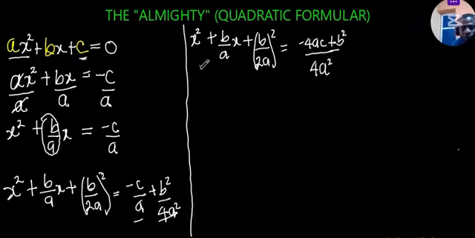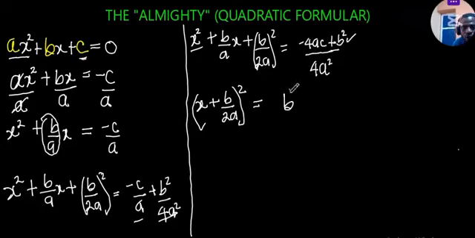Now, before then, let's factorize the left hand side. To factorize it, we pick x plus b over 2a in brackets, squared, equals, we can write this as b squared minus 4ac all over 4a squared.